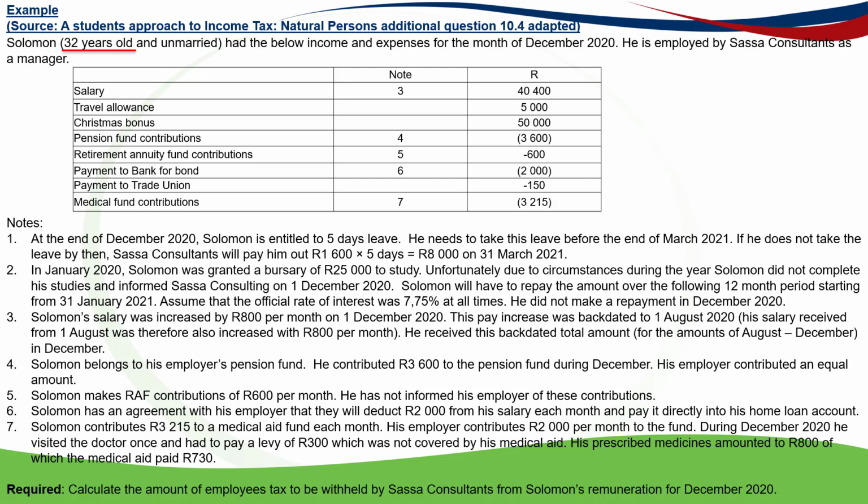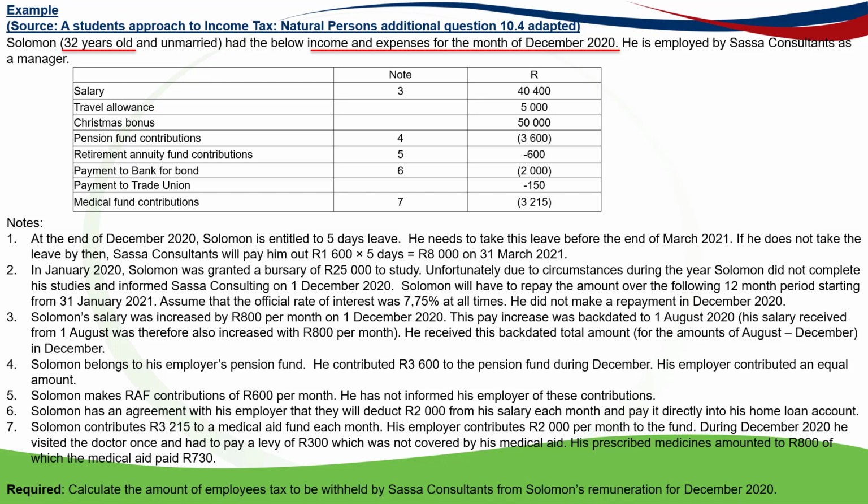This means that if we are to take into account medical credits, when we calculate the employee's tax, we will only consider Section 6A medical credits and not Section 6B. The income and expenses provided were not provided as annual amounts, and therefore we would need to calculate the annual equivalent of the balance of remuneration.